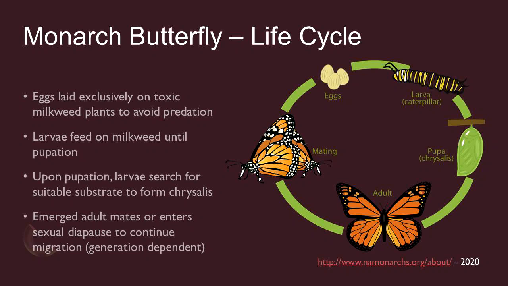The larvae that hatch from the eggs then feed on the milkweed until pupation. Once pupation begins, the larvae search for a suitable substrate and then form their chrysalis. The emerged adult mates or enters sexual diapause to continue migration, if it's from one of the generations closer to the winter.